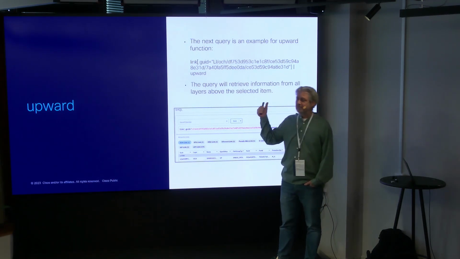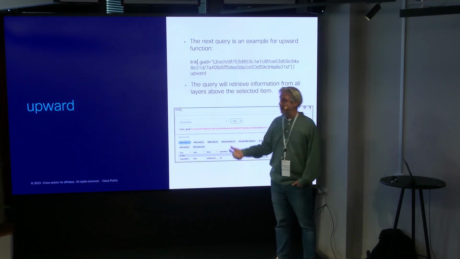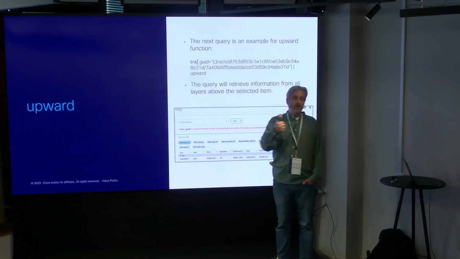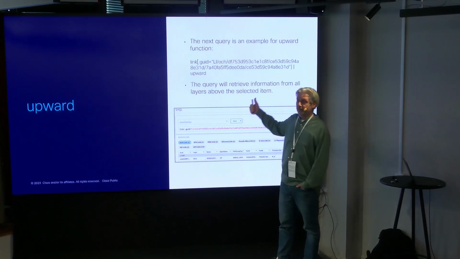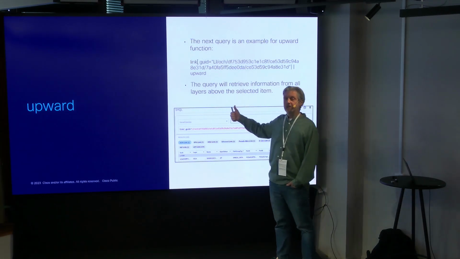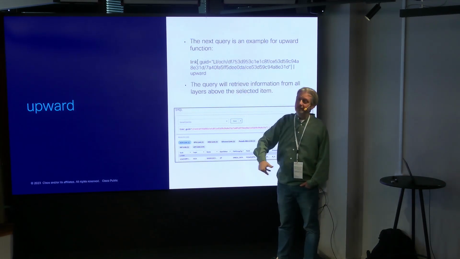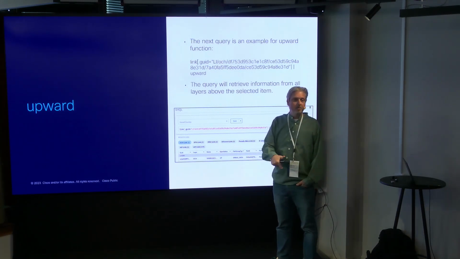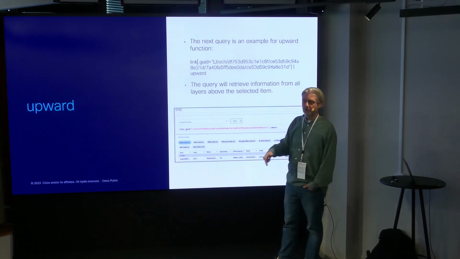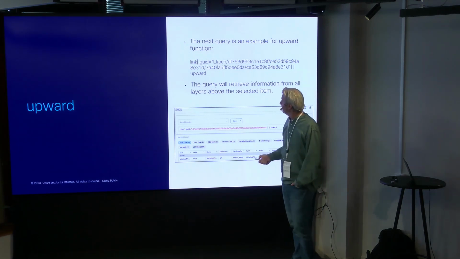You can know the specific path, as you saw in the UI by Daniel. You can have a root cause analysis, right? You can find, okay, my LSP is down. Bring me all the links in its path, and let's look at who is to blame, who is also down, right?